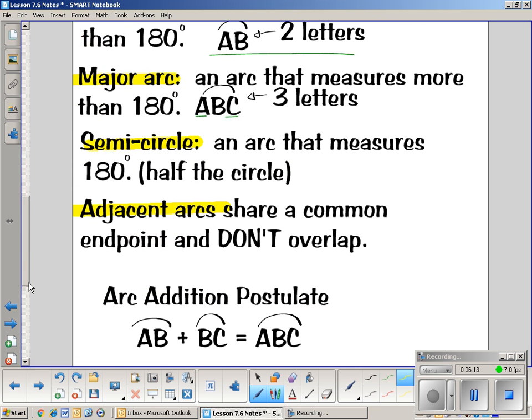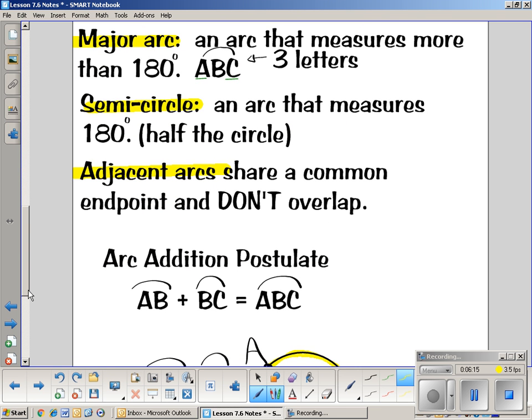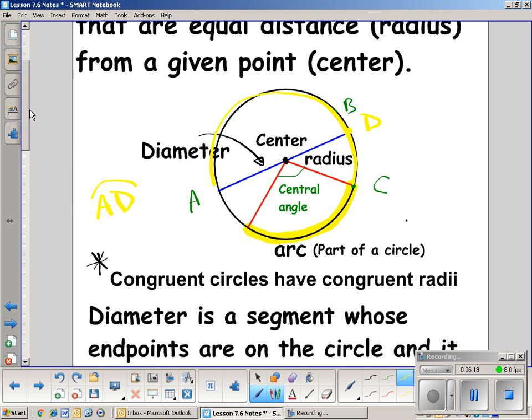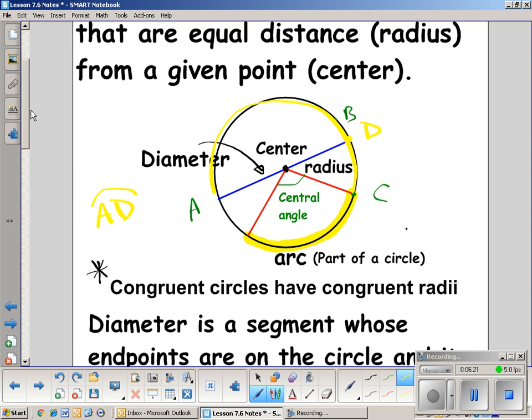All right. Adjacent arcs share a common endpoint and don't overlap. So adjacent here, arc BD and arc DC are adjacent. They share the endpoint D. They don't overlap each other. Okay?